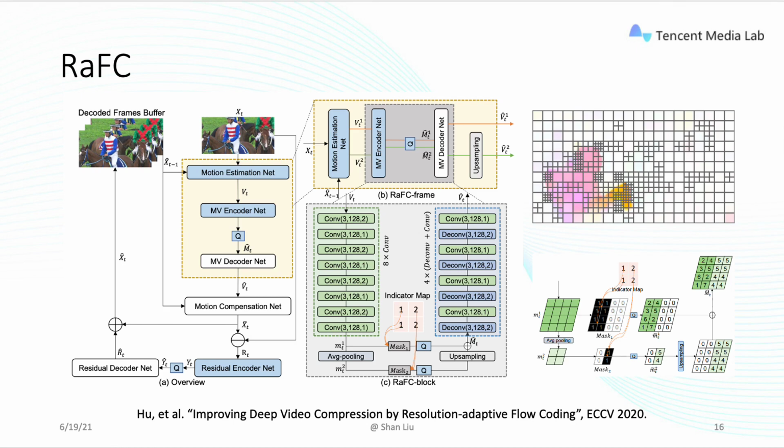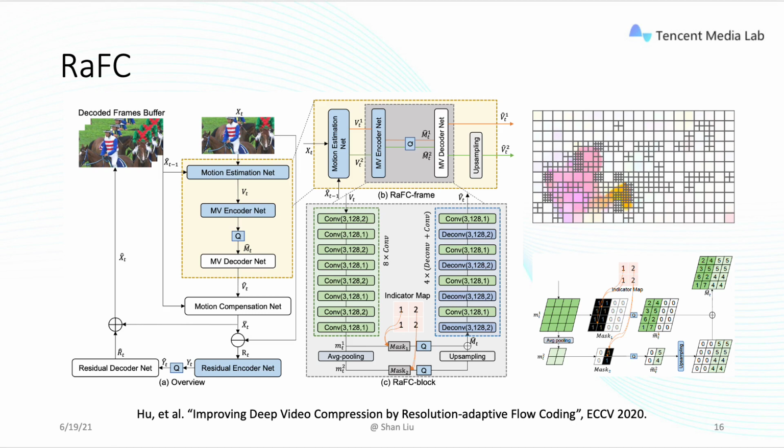The Resolution Adaptive Flow Coding, or RaFC, framework was presented in CVPR 2020, in which motion information or the flow maps are estimated or learned and compressed in multiple resolutions rather than in a single resolution as done in previous works. The proposed RaFC is used both at frame level and block level to cope with different motion patterns, both globally and locally.